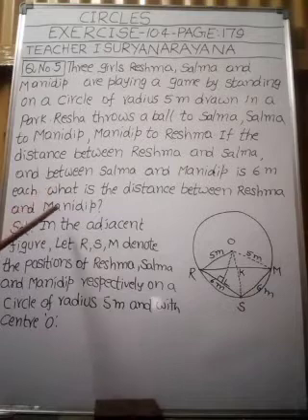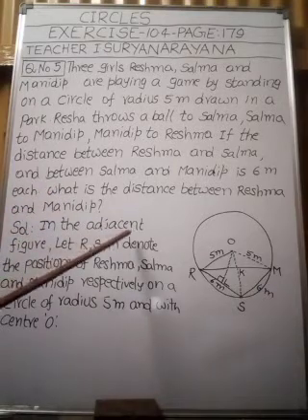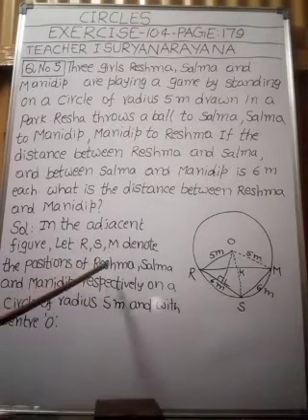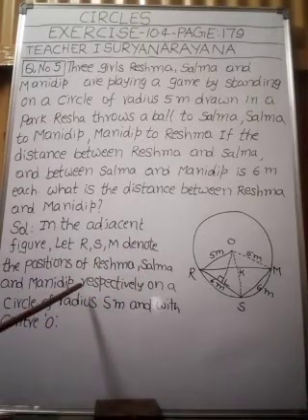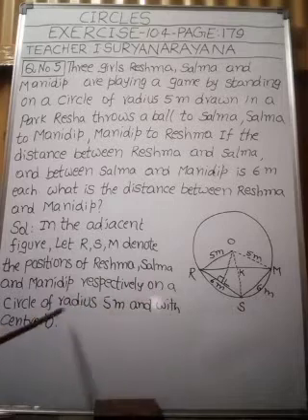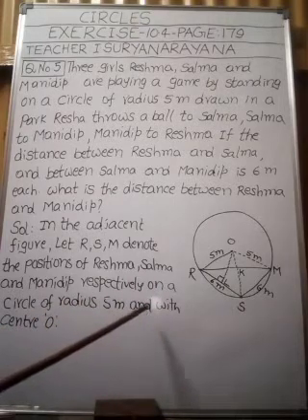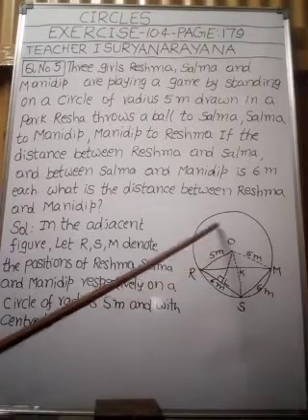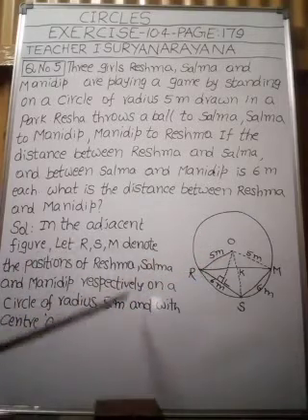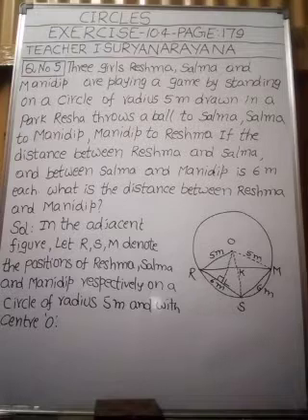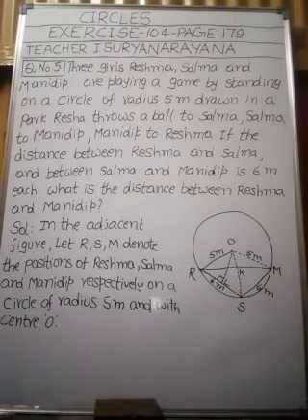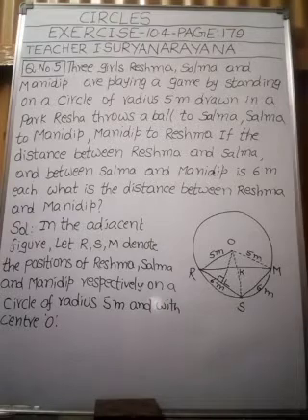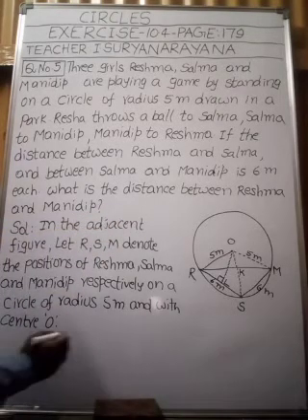Now come to the solution part. In the adjacent figure, let R, S, M denote the positions of Reshma, Salma and Manideep respectively on a circle of radius 5 meters with center O. Okay, my children, understood this step? We have drawn a rough diagram for this given data. And what are the measurements here?